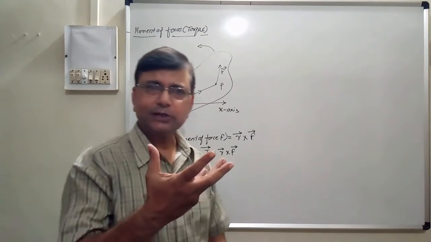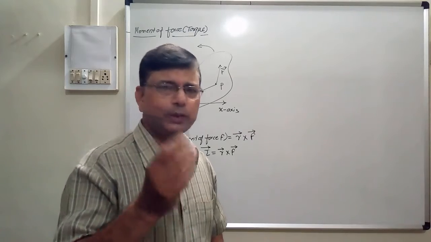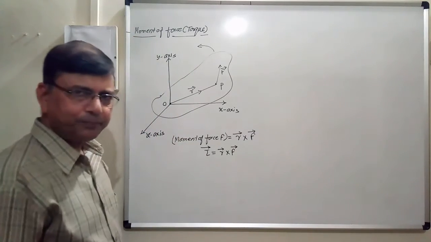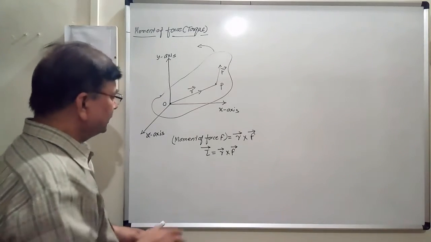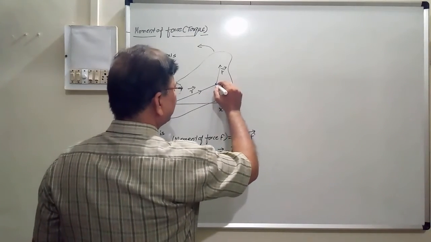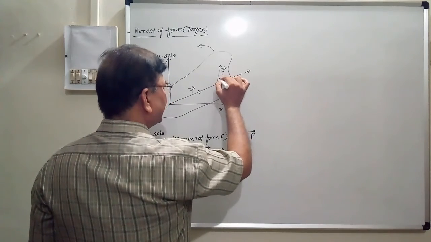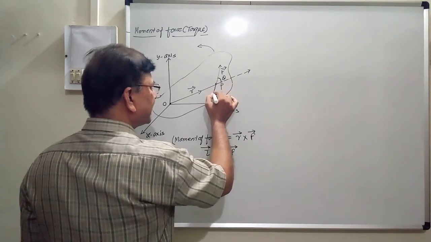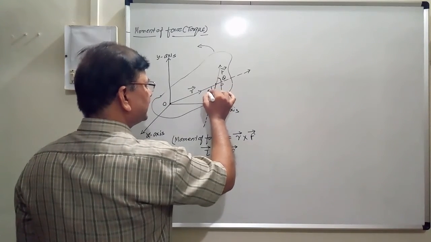Whenever there is a vector quantity, it has to have the magnitude as well as direction. तो इस tau का direction क्या होगा? And vector product I have already taught to you. So r cross F. See, direction of r is this. Suppose this angle is theta, right? So if we extend it back, this will also be theta.